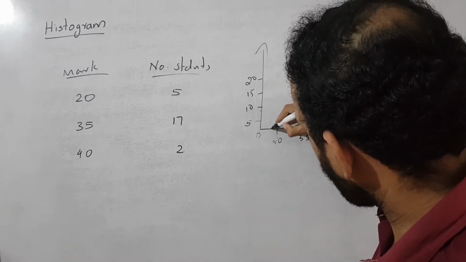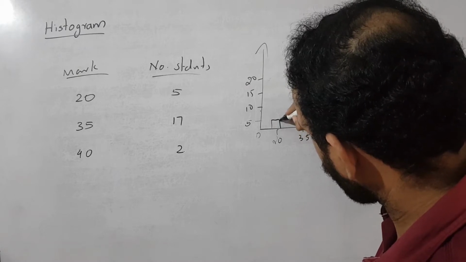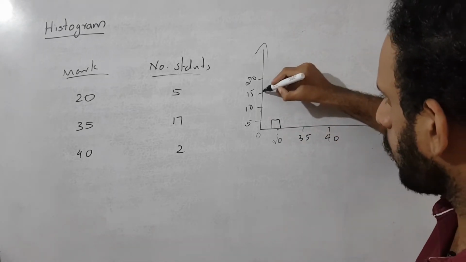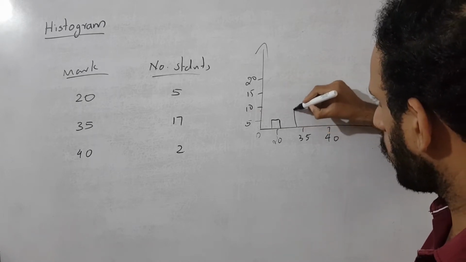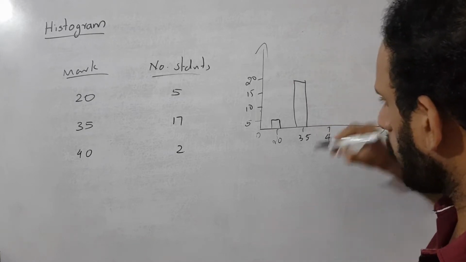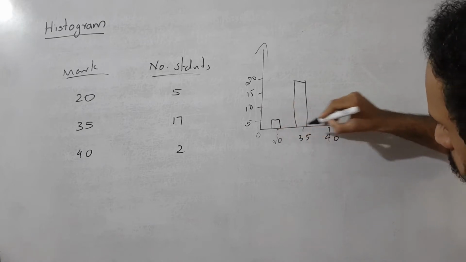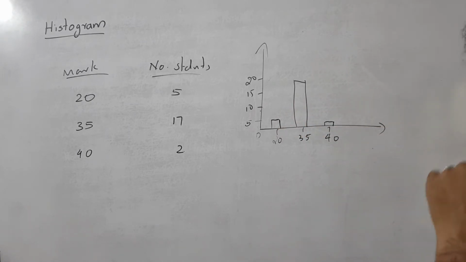Then we draw the bar like this, correct? The next is 35 with 17, and we draw the graph like this. I think you are remembering, correct? Then 40 is 2, which is less than 5, and we draw the graph like this.